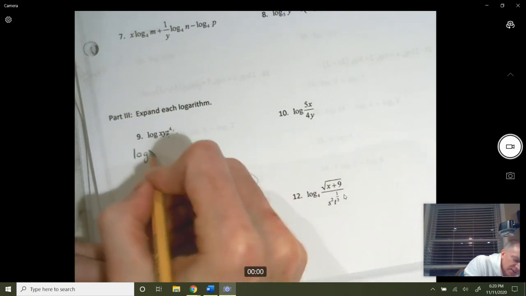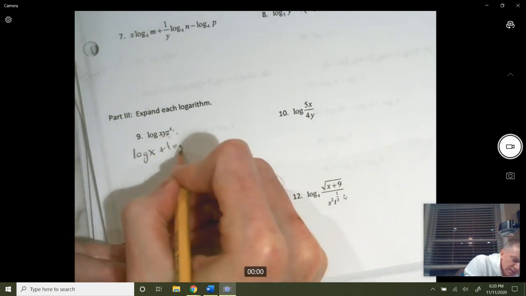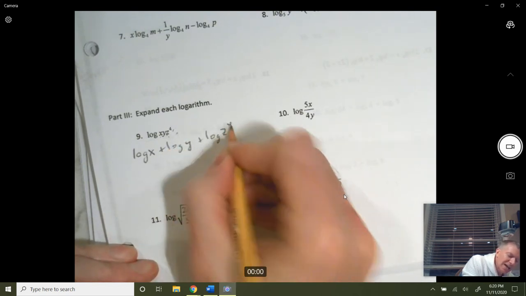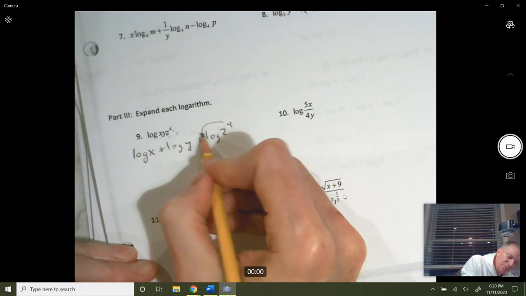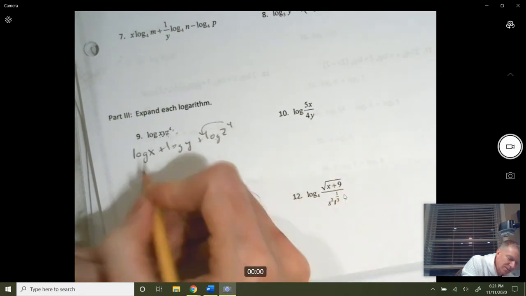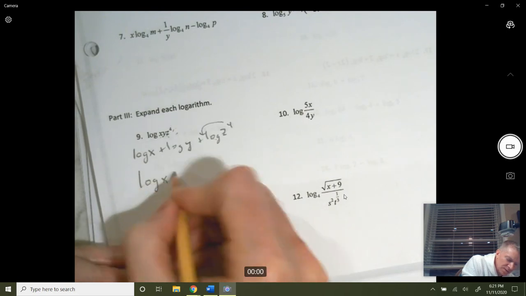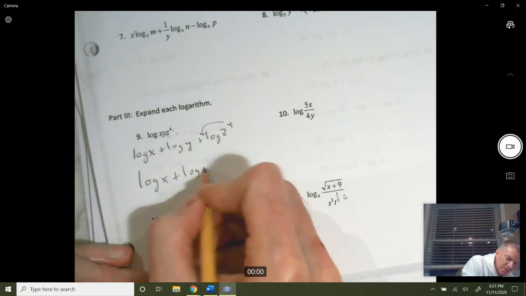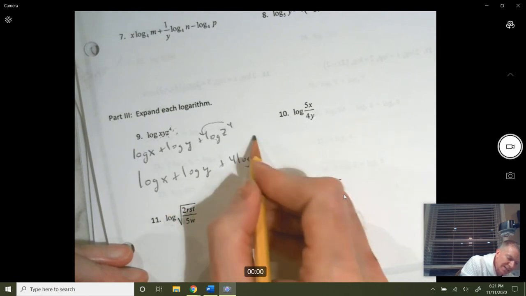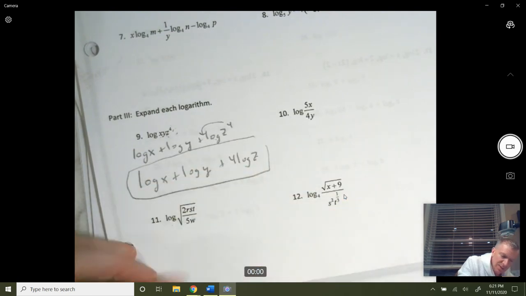So log of x plus log of y plus the log of z to the 4th. Now you can pull that 4 in front of this one. So that 4, since it's just on the z, it's only going to affect the log of the z. So log of x plus log of y plus 4 log of z. Now that's fully expanded. Okay.